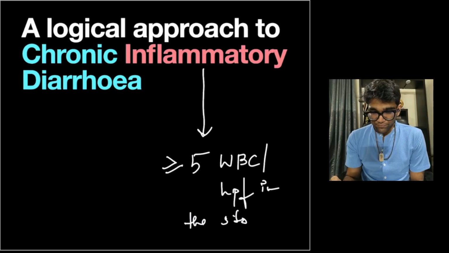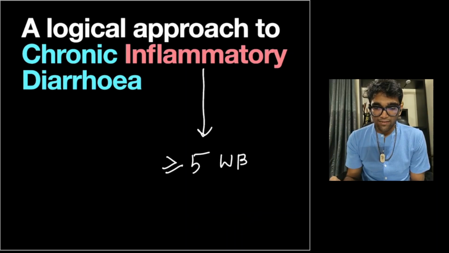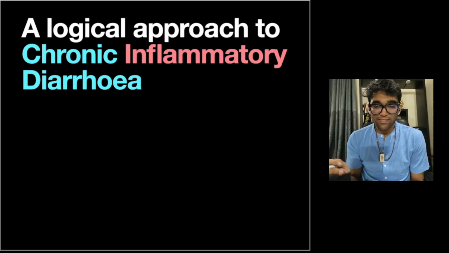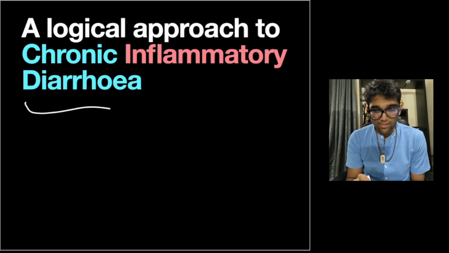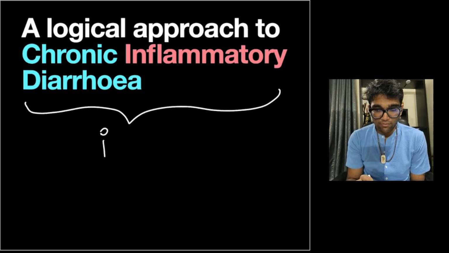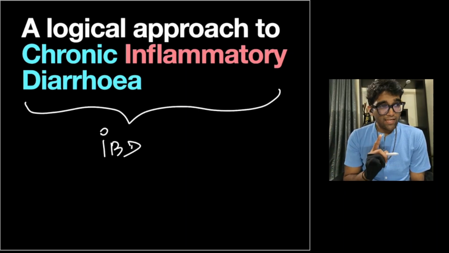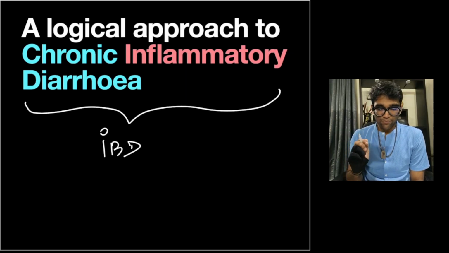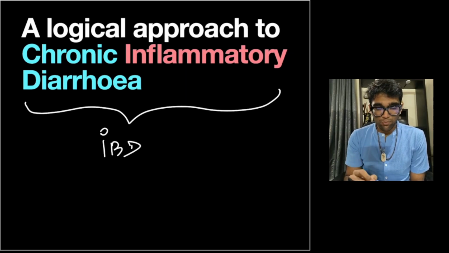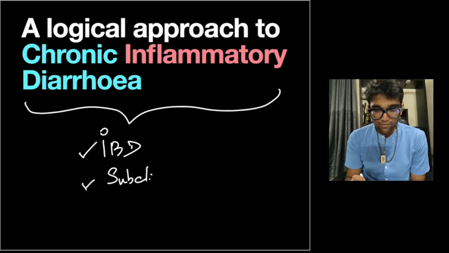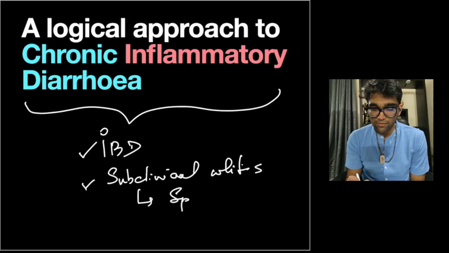Now, having said that, essentially there is only one disease that fulfills this criteria. That is inflammatory bowel disease. Okay, so I would get a little bit of pushback for this, but there are others. For example, you can get subclinical colitis in our spondyloarthritis spectrum disorders.